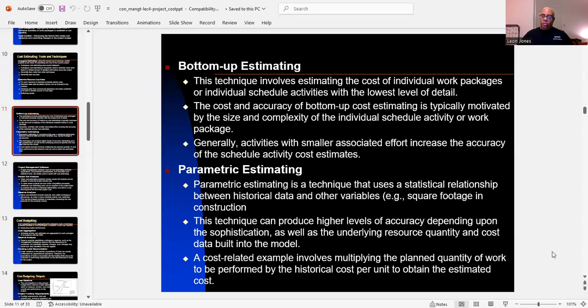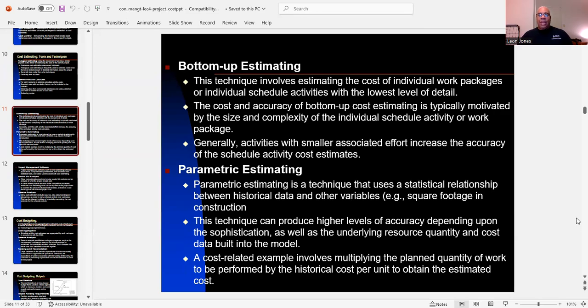Bottom-up estimating. Now, this technique involves estimating the cost of individual work packages, or an individual schedule of activities with the lowest level of detail.